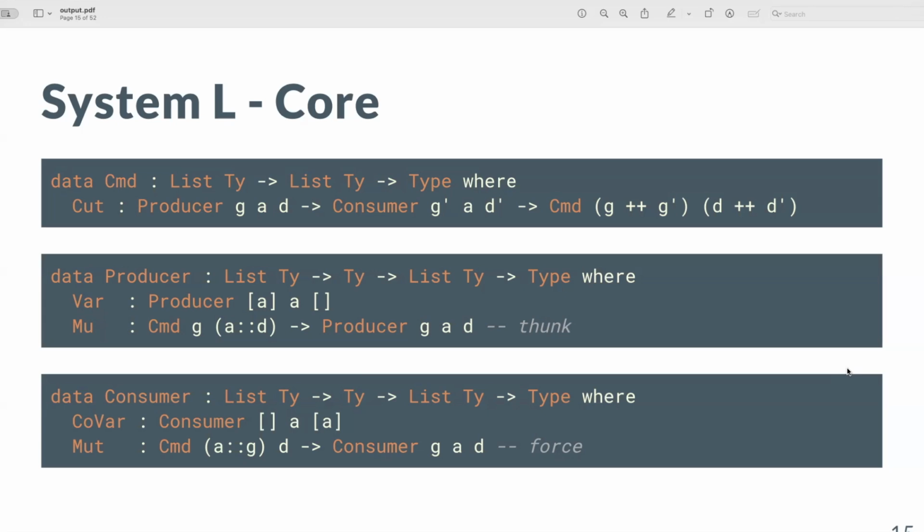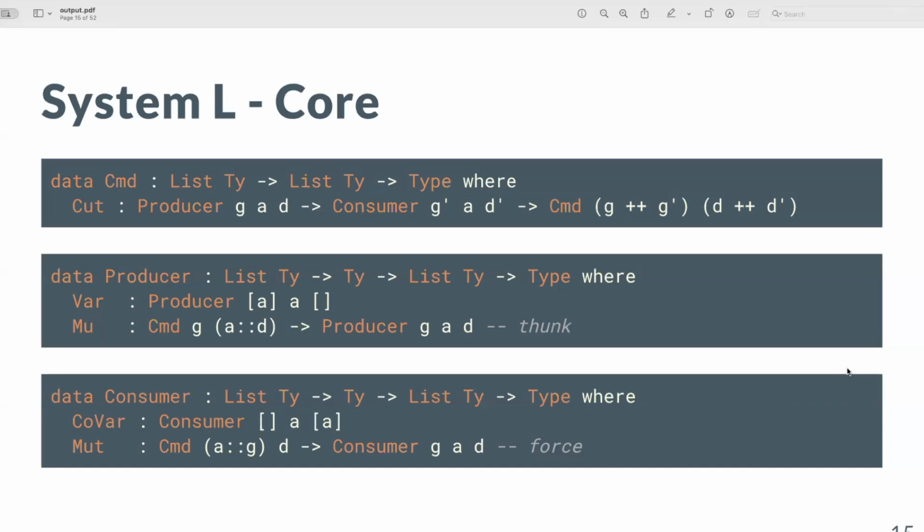So there's a chirality here that's not quite captured by the syntax. But in addition to variables, which are just singletons, we have our mu and mu tilde connectives, and these just interchange in short form. So mu binds a covariable and gives us a producer, and mu tilde binds a variable and gives us a consumer. Kind of similar to something from call-by-push-value.